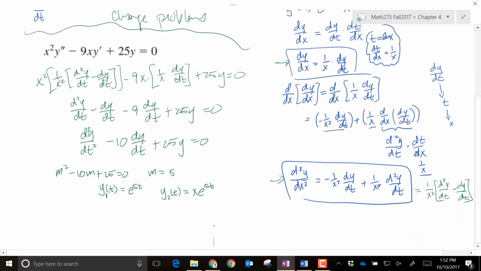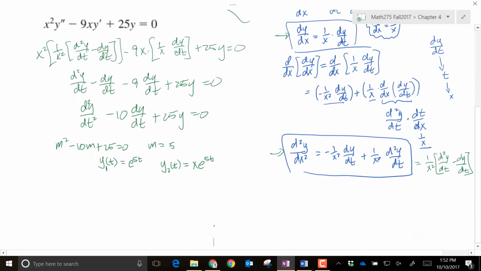Now, unfortunately, this isn't our answer because we changed variables, right? So now we want to change back. So there's a couple ways to do the change back.